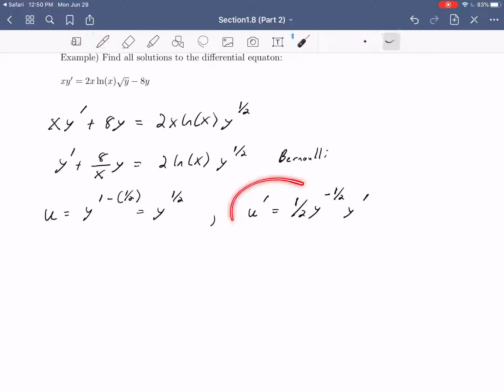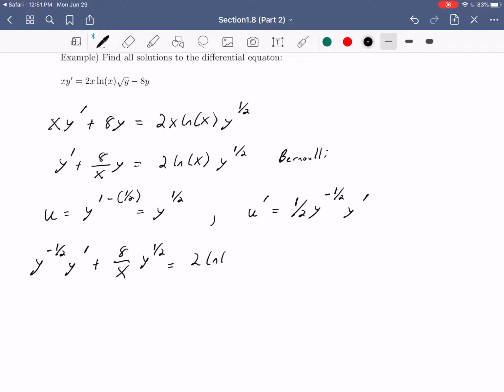And again, we probably are going to have to manipulate that in a moment, but let's go ahead and first actually just identify these things here. Remember, that means that we should take this and divide it through. So let's go ahead and divide that. y to the negative 1/2 y prime plus 8 over x, if you divide y by y to the 1/2, you'll get y to the 1/2 equals 2 ln x.